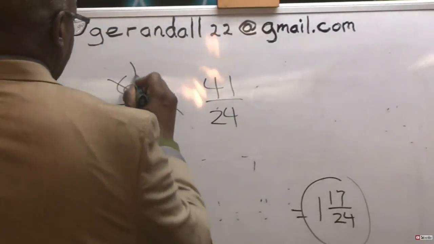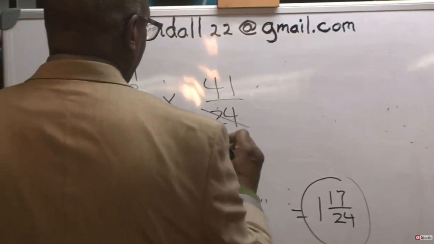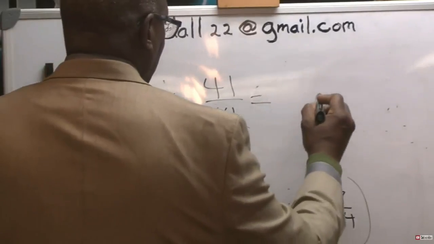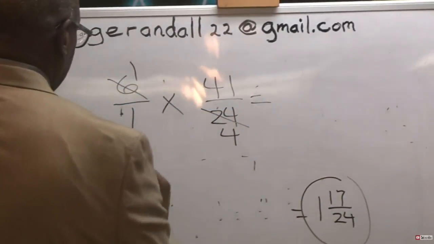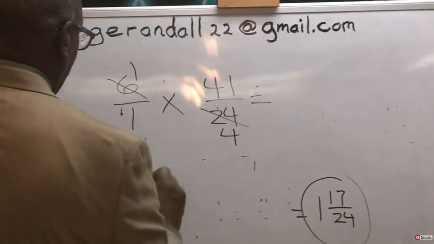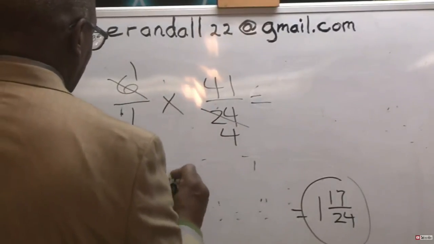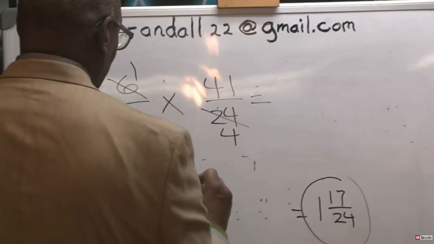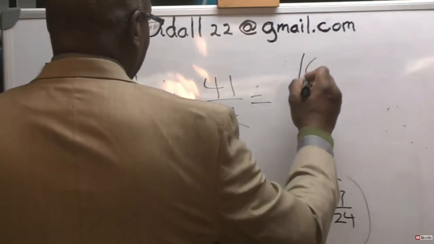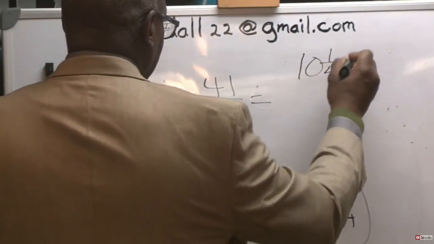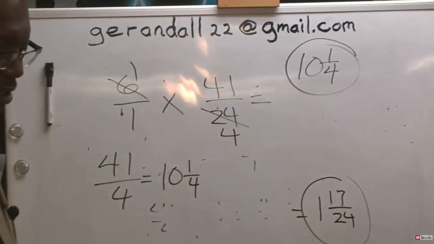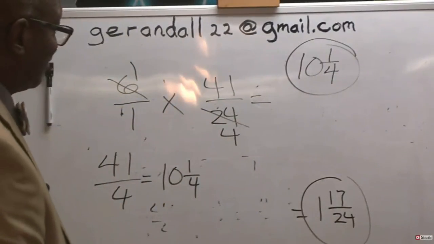6 goes into itself once. 6 goes here 4 times. And 41 divided by 4 is 10 and 1/4, where we started. Love it. I love it.